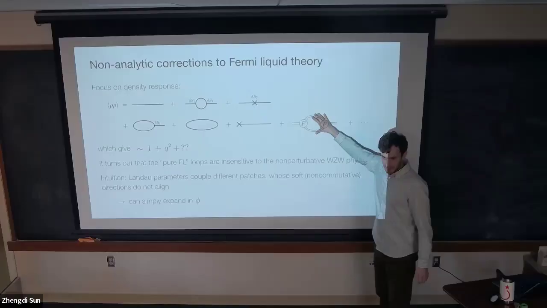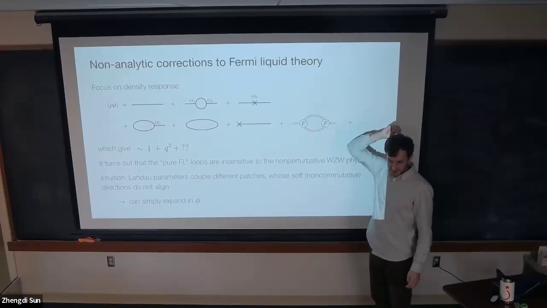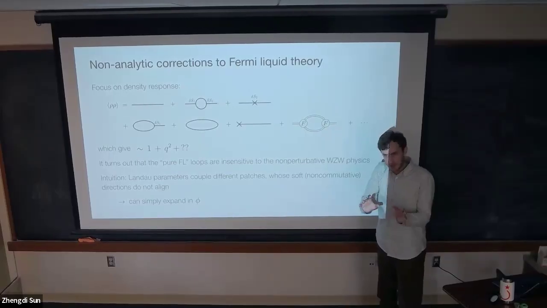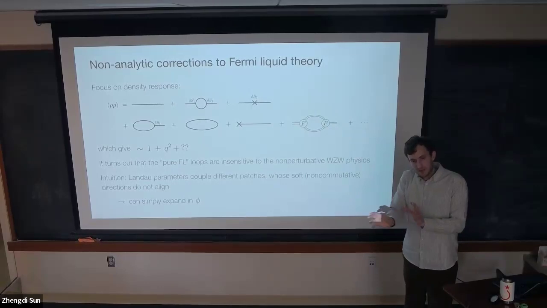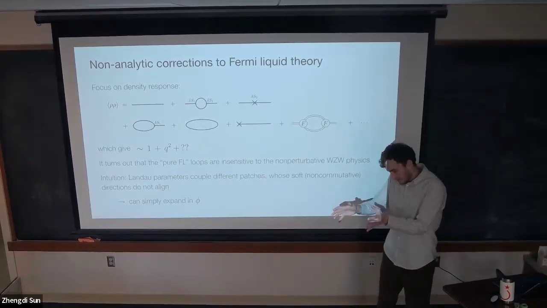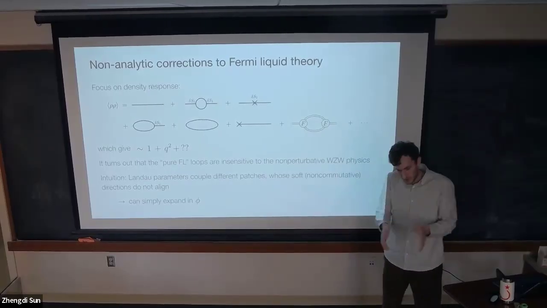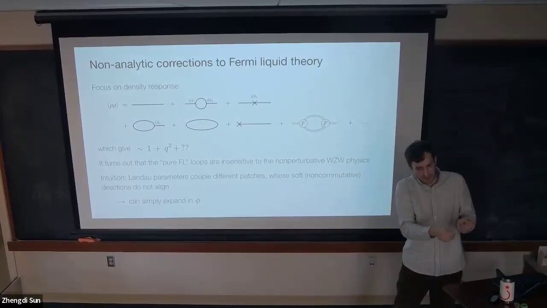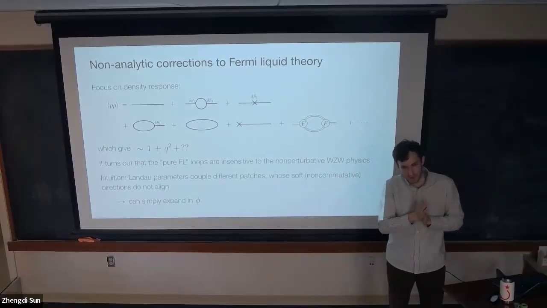Whereas these loops that couple different patches are perturbative. So in this specific example, I understand why one is and one isn't. But more generally, if you give me an observable, knowing beforehand when I can cheat and expand, I don't have a super good intuition.